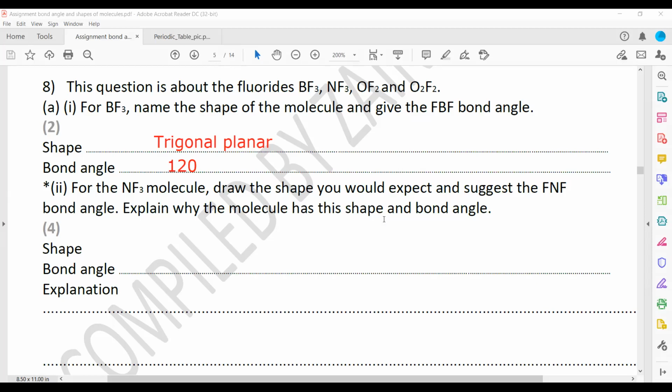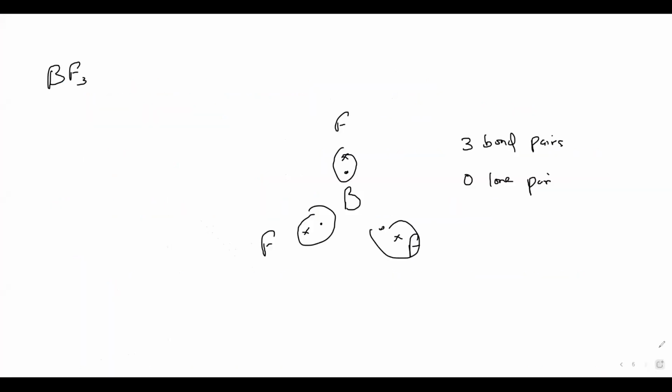For the NF3 molecule, we have to name the shape and then draw it. So how do we draw the structure for NF3? Nitrogen belongs to group 5, so there will be 1 lone pair and 3 bond pairs.